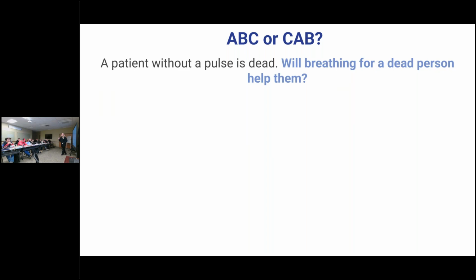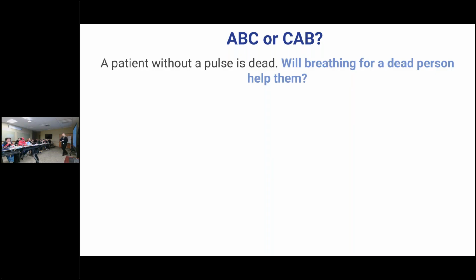So is breathing for a dead person going to help them necessarily? It will, but not if the blood is not circulating, right? So if they don't have a pulse, their blood is not moving around their body, correct? Yes, okay. So if we're ventilating for them, giving them oxygen, the oxygen's not circulating in their body, so it's really not doing much good for them.